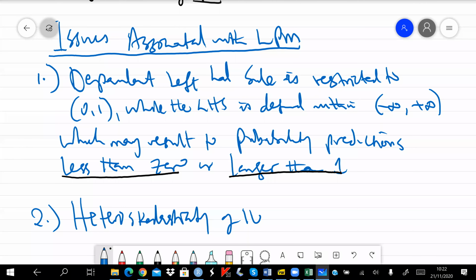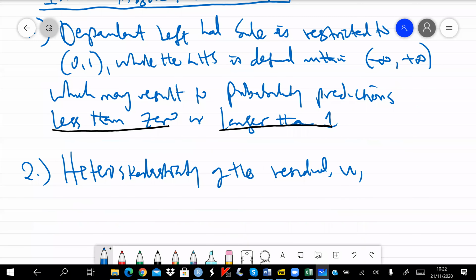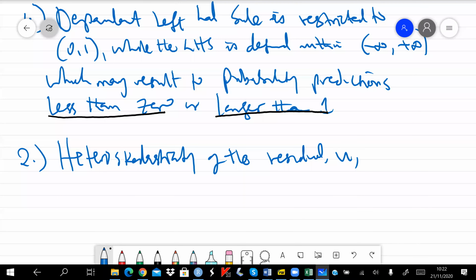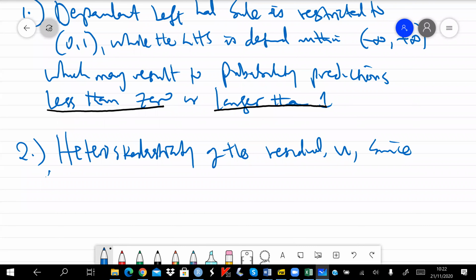Of the error term or the residual, that is U. Since by the notation, it violates assumption number 2.